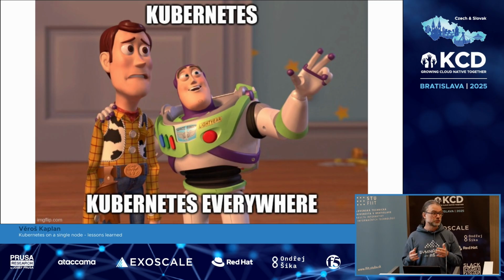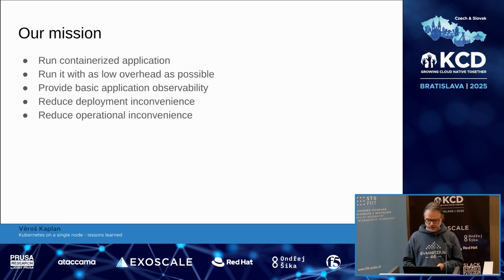Because we are using Kubernetes at some bigger customers, we realized it can be easy to just deploy Kubernetes. So our mission moved from taking this one application, or this application mess or mesh, to just running applications in containers.